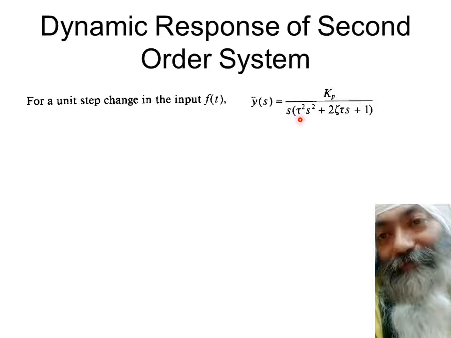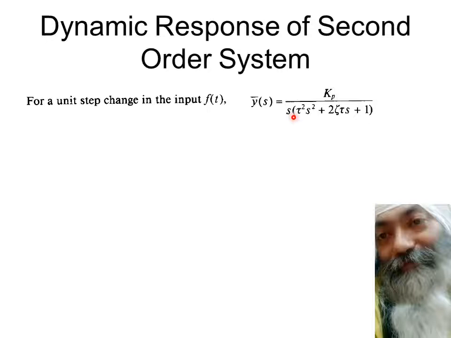What is the meaning of period of natural oscillation? We will discuss in detail that in case zeta is 0, the time period taken to oscillate, that period of natural oscillation, supposing this damping is 0, is called tau. We will go into detail in this session about this.